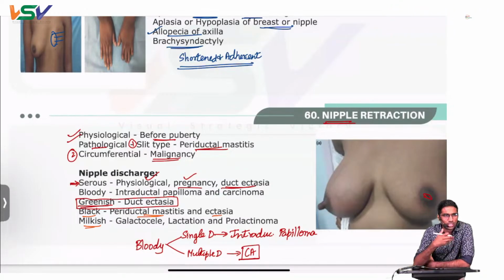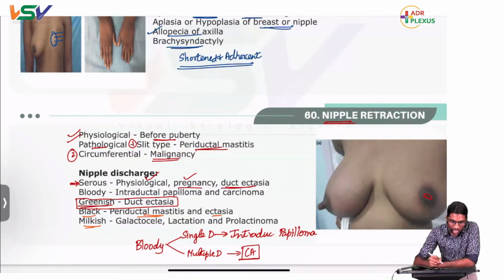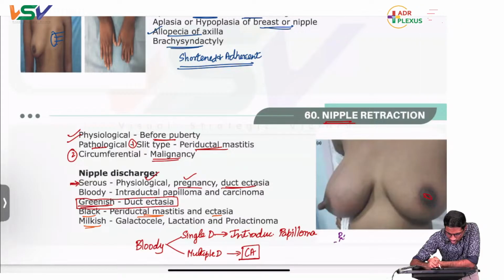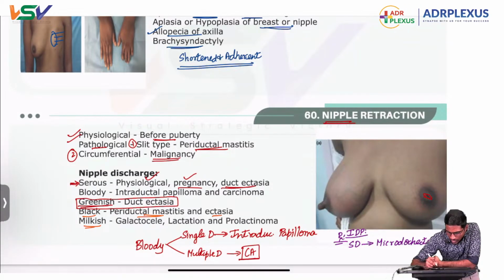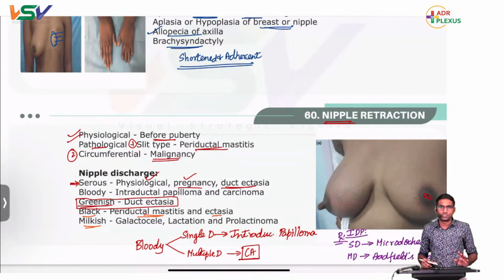Milky discharge is galactorrhea, normal lactation, and remember prolactinoma in the pituitary gland. One more treatment method alone I will mention. If it's intraductal papilloma of a single duct, the procedure is known as microdochectomy. If it is multiple ducts, it is known as Hadfield's procedure. Remember this alone: microdochectomy is for single duct and for multiple ducts it is Hadfield's procedure.